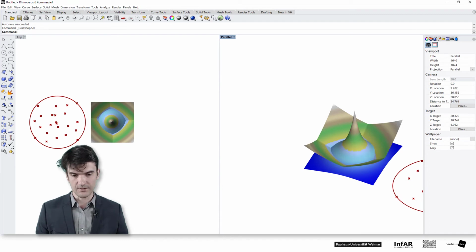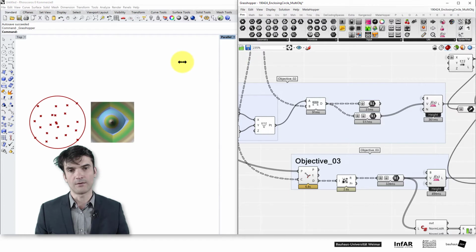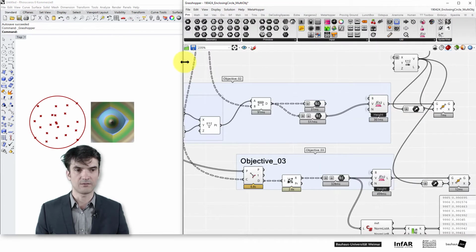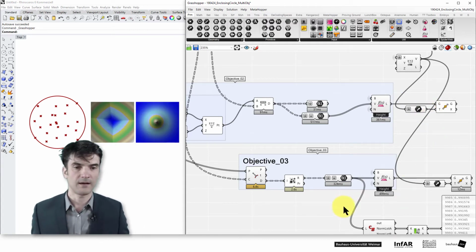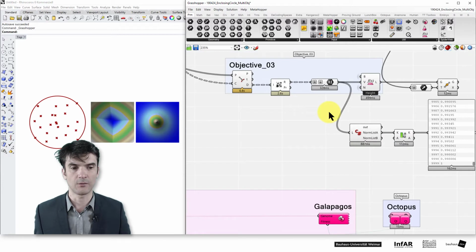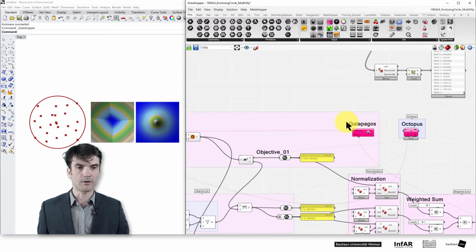So here we just have different visualizations for our fitness landscapes, and to make clear that they contradict each other. Okay, so after being clear with this, we can now look into our optimization.